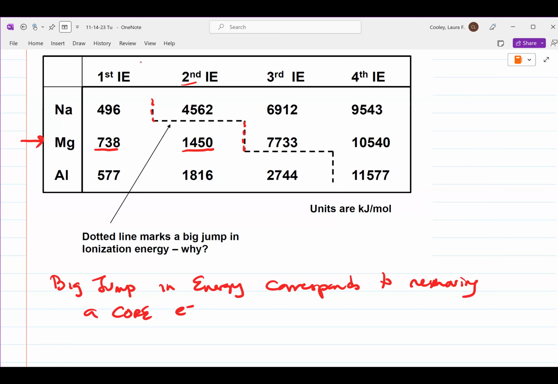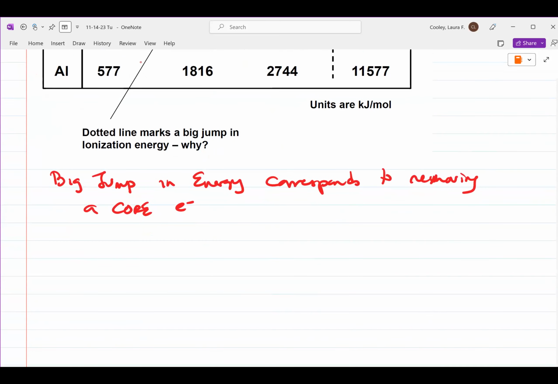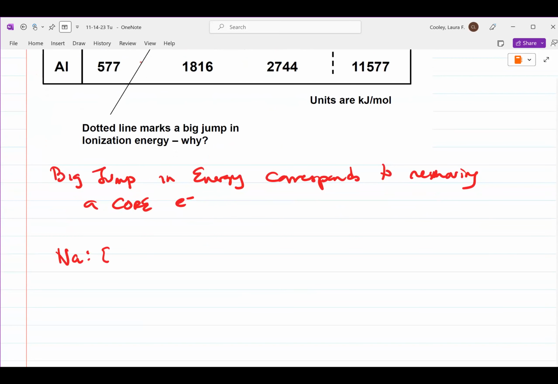So for sodium, the big jump is going to happen after the first electron is removed, because it only has one valence electron. For magnesium, it's going to happen after you remove the first two.